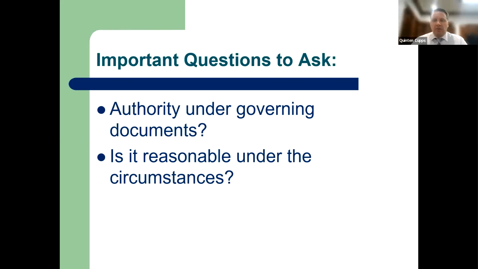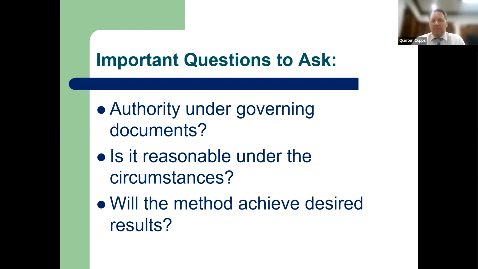So you have to look at what's reasonable under the circumstances. And then, is that method going to achieve your desired results? Again, that goes to the reasonableness analysis. If you have a clubhouse that was built, and you're assessing fines of $50 or $100, whatever your fine structure is, that probably isn't going to do anything.